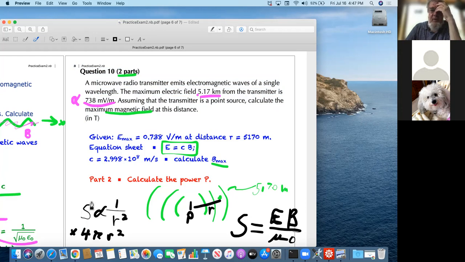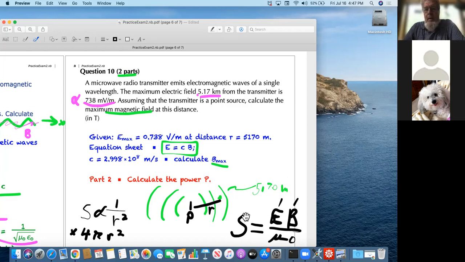So I guess you don't need this. Well, yeah, you do need this because you have to multiply by 4 pi r squared to get the total power in the antenna. But you already know E, that's given. You already know B, that was part A of the problem. Mu zero is just a universal constant. That'll probably be written down on the front page of the exam.